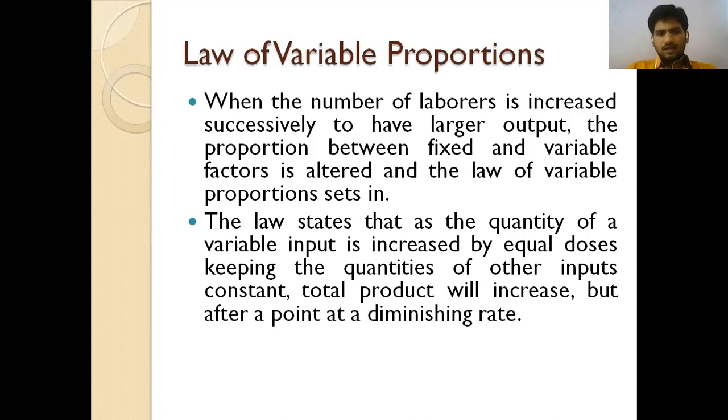So what is this law of variable proportions in simple terms? We have different types of production functions in different organizations, and we have to concentrate on them, as some laws are going to be exhibited. One is about the inputs, another is about labor, and another is about constant or variable increases in the inputs or labor.